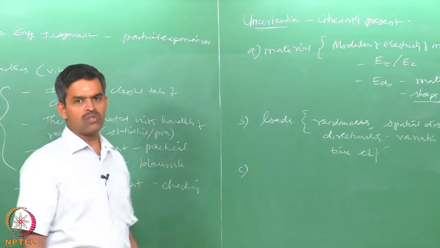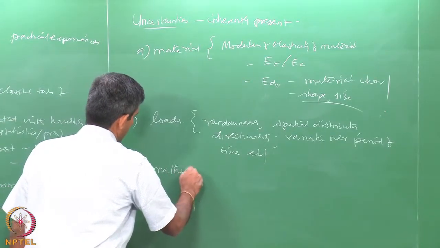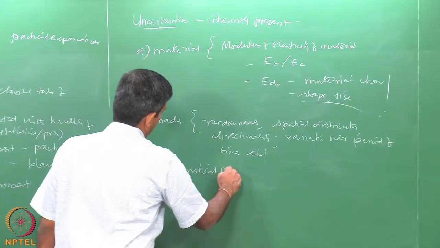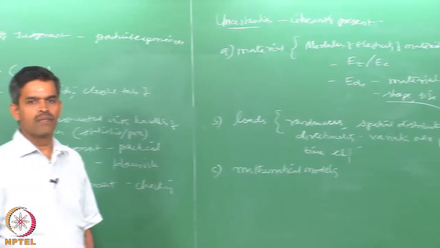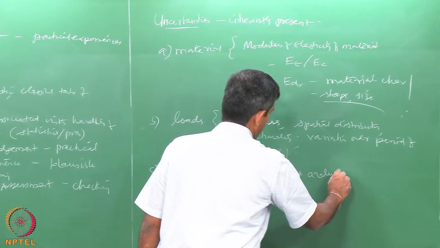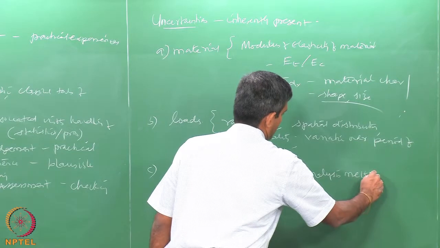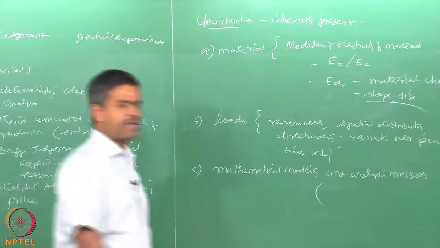Uncertainties can also arise from mathematical modeling and analysis methods used, as pointed out by Bogman et al. 1982.